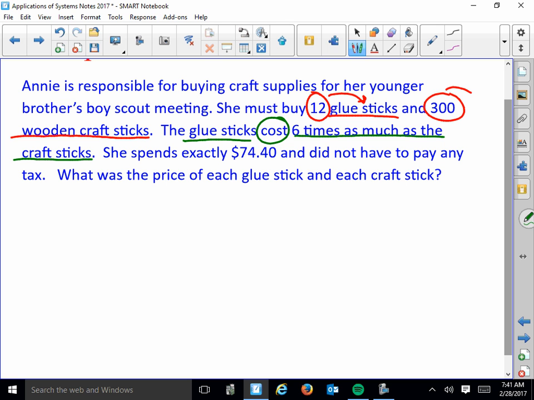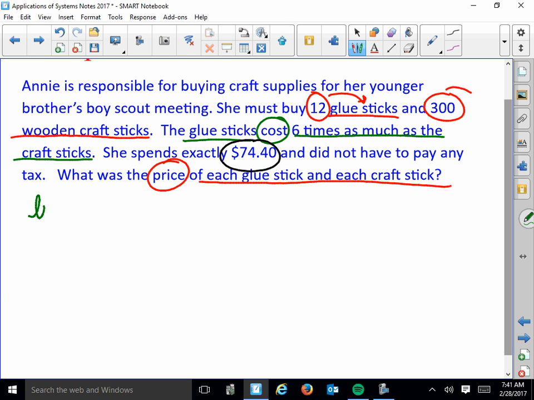She spends exactly $74.40. That must be important as well. And did not have to pay any tax. What was the price of each glue stick and each craft stick? Okay, well again, the very last sentence is asking me how to answer the question.